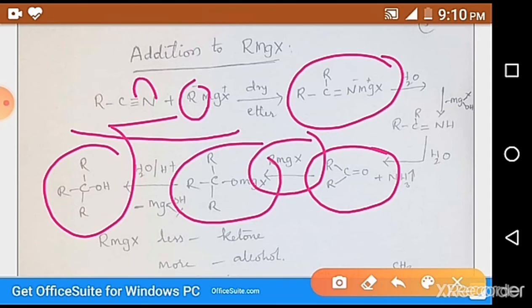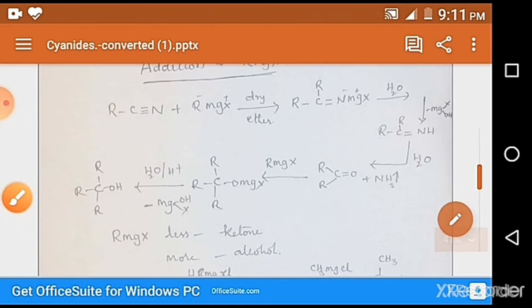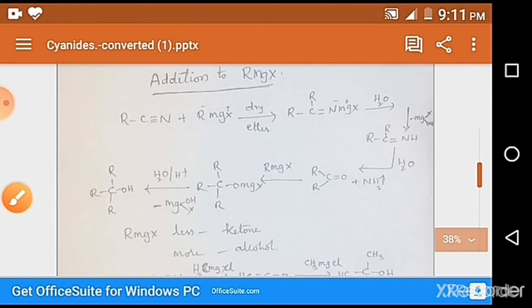This is very important. Alkyl cyanides: hydrogen cyanide gives, and secondary alkyl cyanides give, the corresponding alcohols. But when Grignard reagents react with cyanides, it takes two steps.